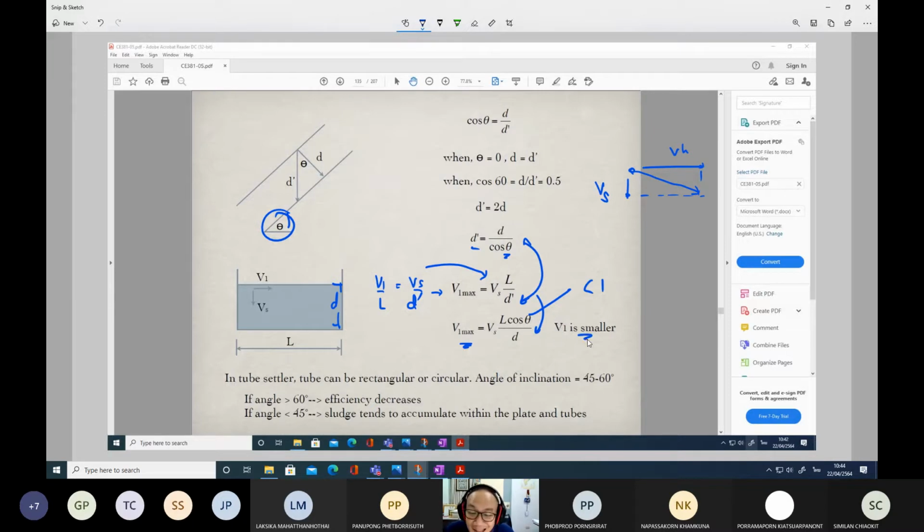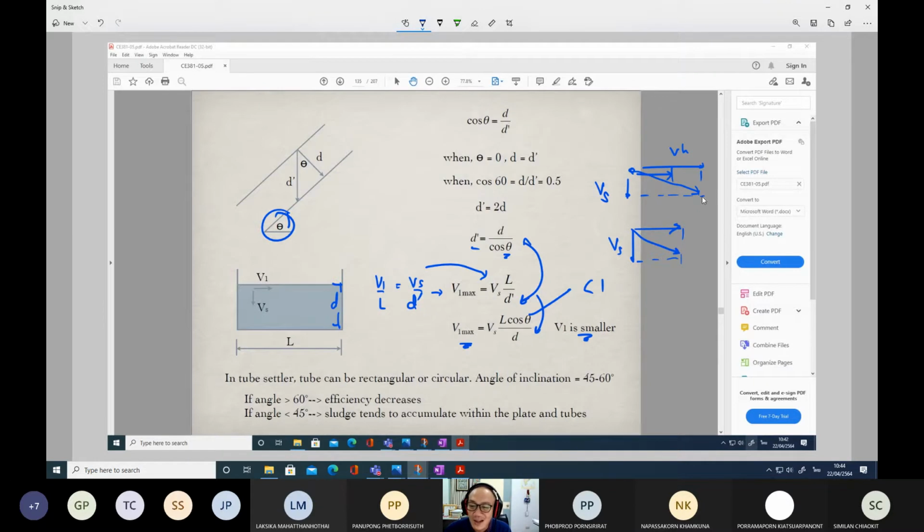But in this case, if we make it inclined, what will happen? The horizontal velocity will be smaller, while the settling velocity VS remains the same. If we could shorten the settling path, the trajectory lines of these particles will change, becoming something like this.